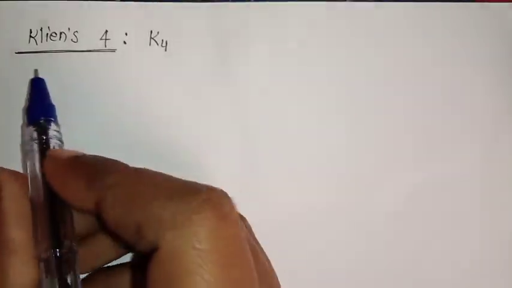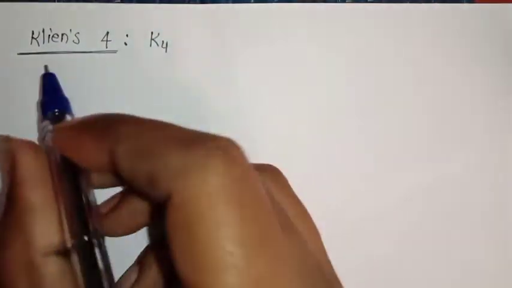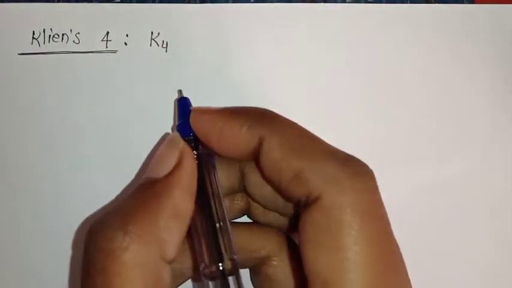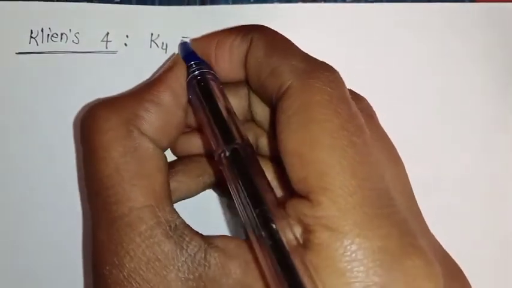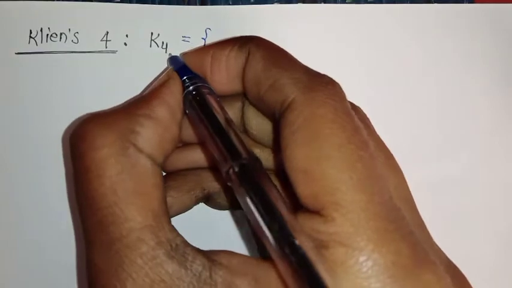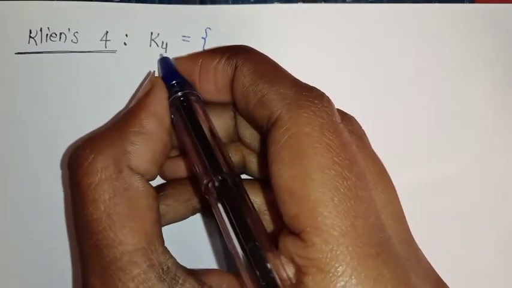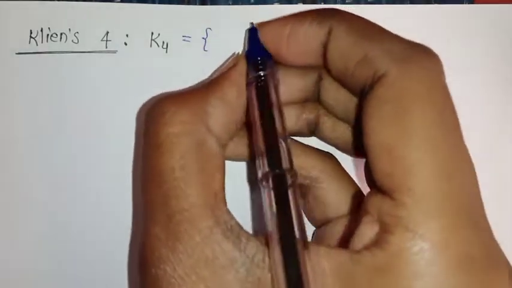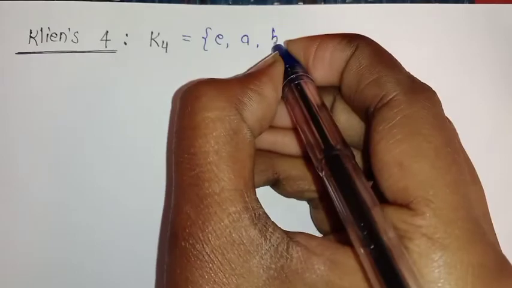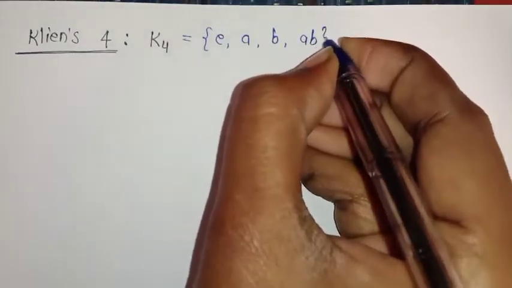So the example of this group is Klein's 4 group. This group is known as Klein's 4 group, and this is a very important group, so you have to understand this. There are 4 elements. By the name it is clear that the order of this group is 4, and order represents the number of elements in the given group. So there must be 4 elements, and they are E, A, B and AB.